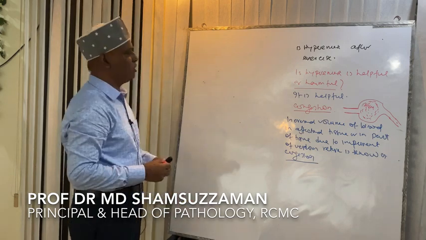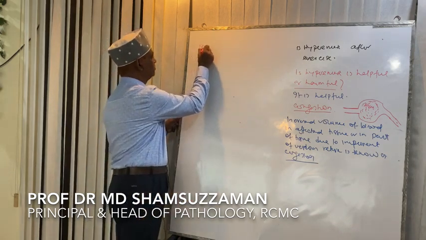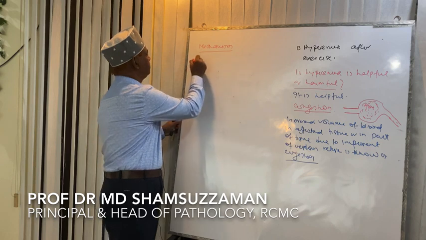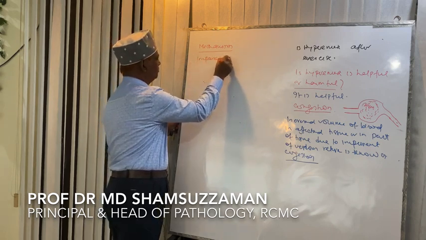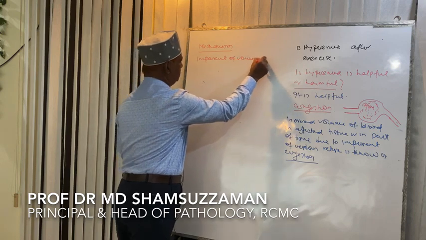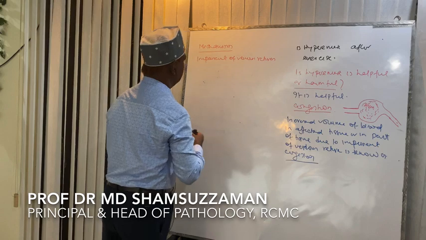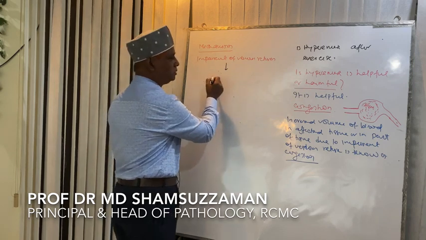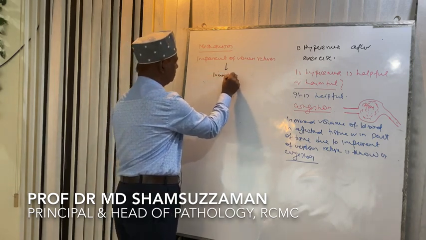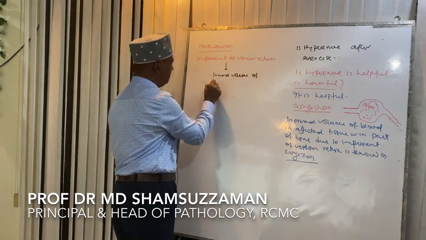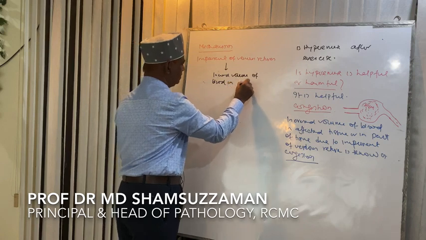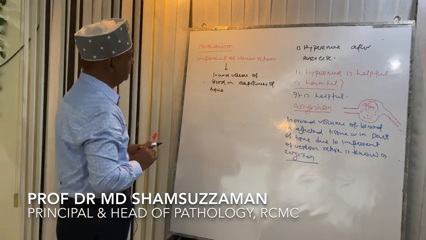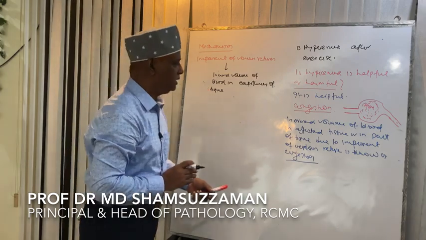Now come to the mechanism of congestion. Impairment of venous return leads to increased volume of blood in the capillaries of the tissue.